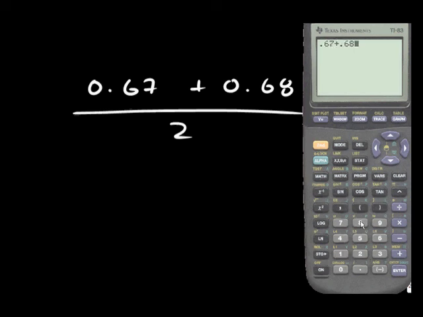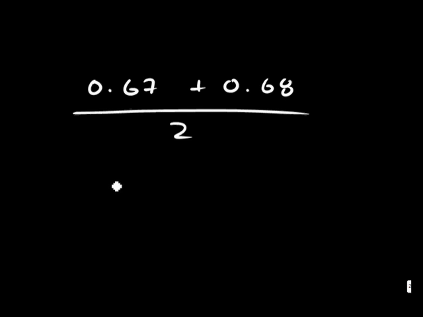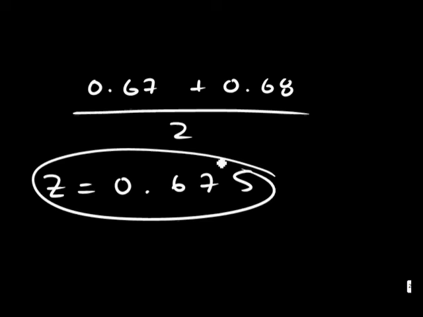Add them, divide by 2, we get 0.675. We're going to use this z-score, and that's going to get us close to that 25%.